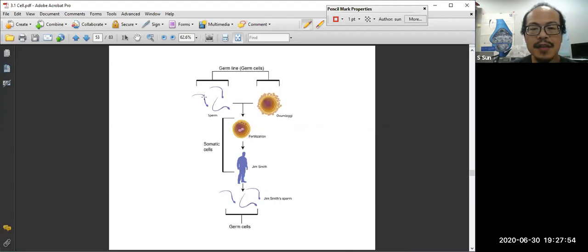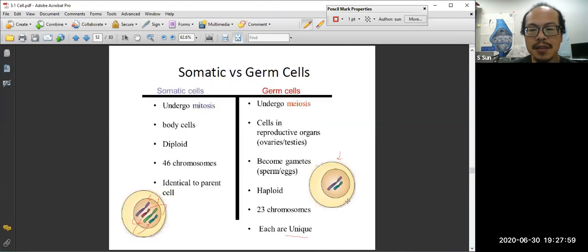So this germ cell with only a haploid set will mate with another germ cell, which also has only 23 chromosomes, to produce a fertilized egg.